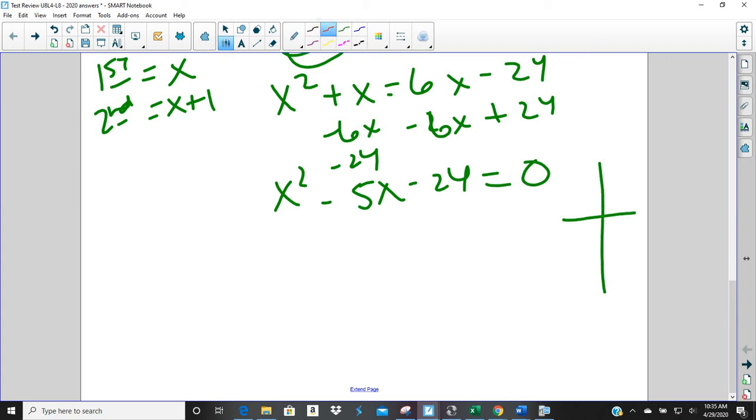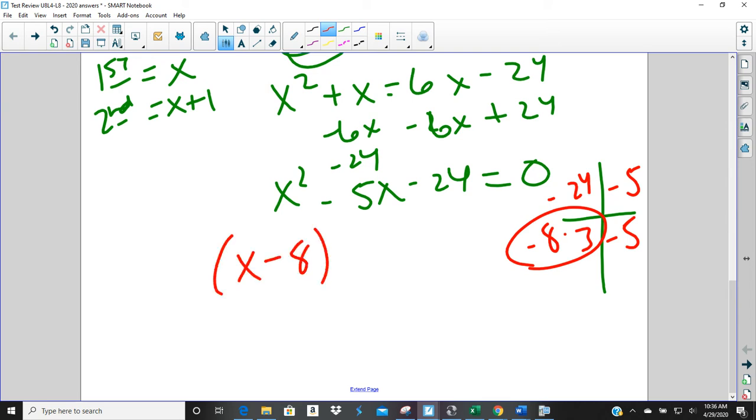Let me change the color here. And I'm going to find the factors of negative 24 that, when added together, give negative 5. So we already went through a few of these. Let's start with the one we didn't see yet. Negative 8 times 3, negative 8 plus 3 is going to be negative 5. So that's going to be our choice. So I'm going to factor this out. x minus 8 times x plus 3 equals 0.